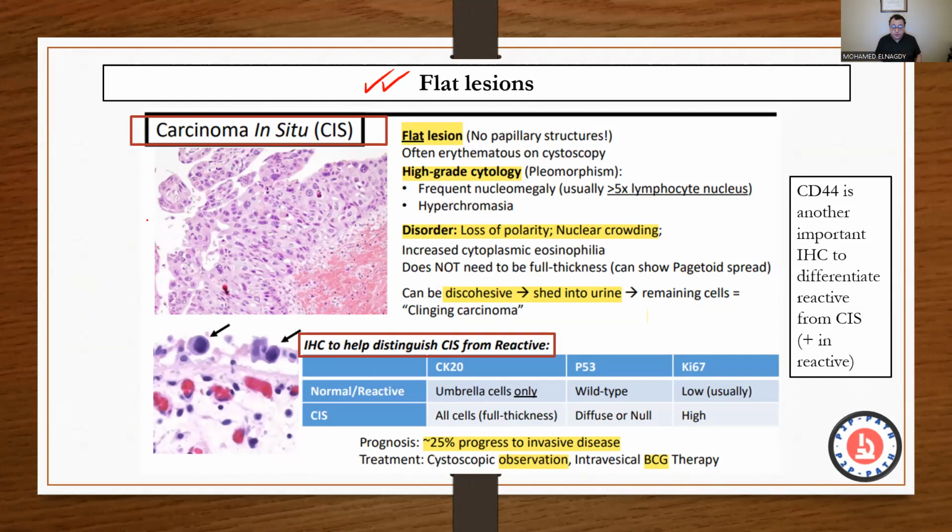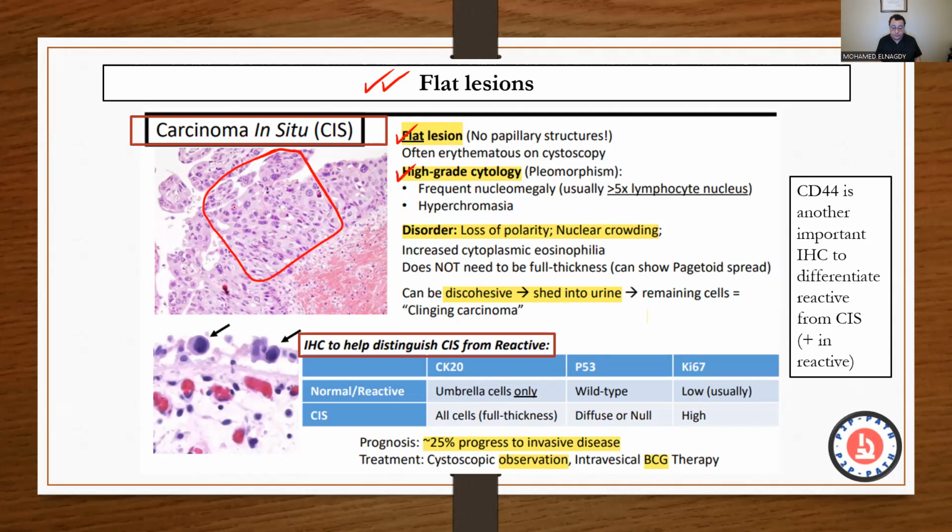The key flat lesion is the carcinoma in situ, the CIS. In the CIS, I don't see any papillae, so I'm dealing with a flat lesion with no papillary structures, and then you see high-grade cytology. High-grade cytology means that you're seeing atypical cells, with nuclear pleomorphism, cellular pleomorphism, and a high N/C ratio.